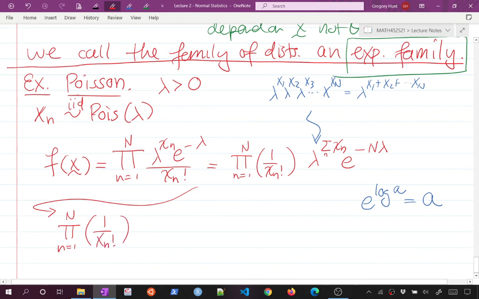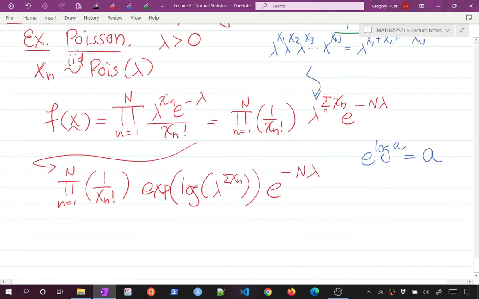I could rewrite this lambda to the sum as e to the exponent of log of lambda to the sum. And then, of course, I have my e to the negative n lambda, right? And of course, if I have a log, I can bring the exponent down.